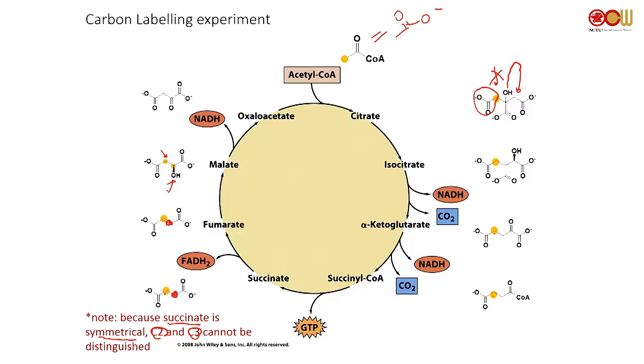So if you analyze it using mass spectroscopy, you will get two different peaks. You will have two different chemicals: one is a labeled malate that's on C2, one is a labeled malate that has the label on C3.